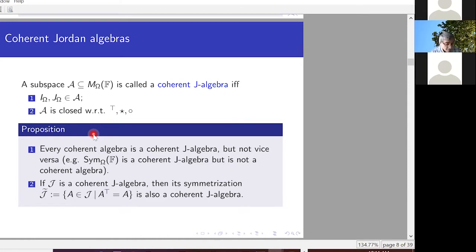If you take the subspace of all symmetric matrices, then it is a coherent Jordan algebra.